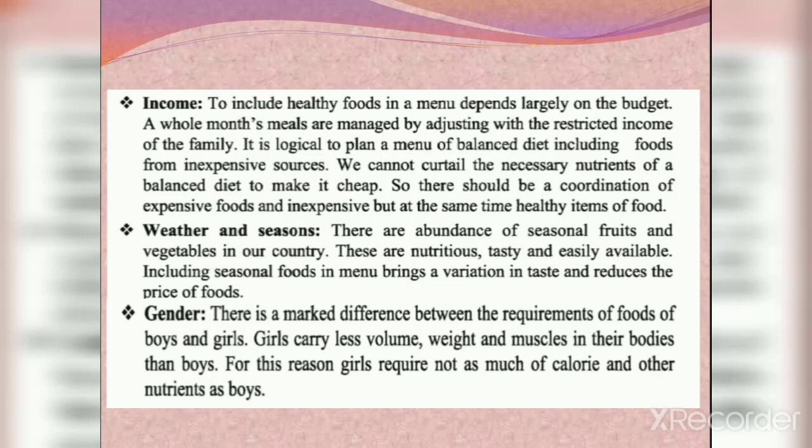Gender. There is a marked difference between the requirements of foods of boys and girls. Girls carry less volume, weight and muscles in their bodies than boys. For this reason, girls require not as much calorie and other nutrients as boys.